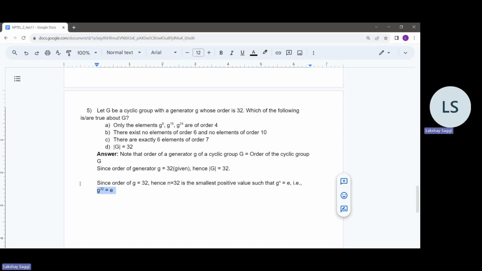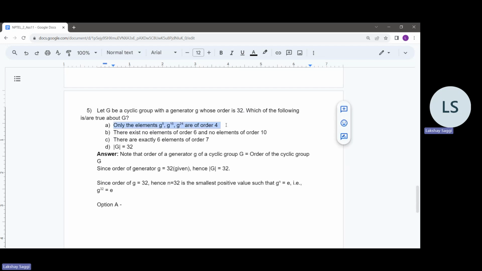I guess this much is pretty clear because this is by definition, the definition of the order of an element. So now maybe we can do option by option. This property is what we need to keep in mind, and now we can proceed with the question.